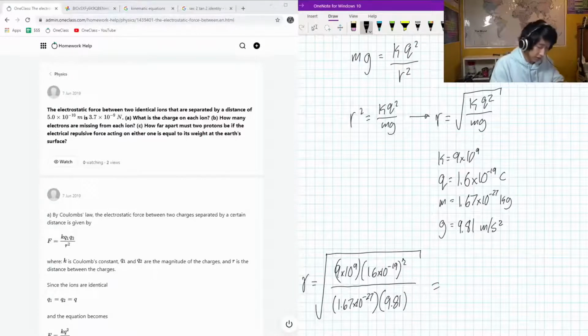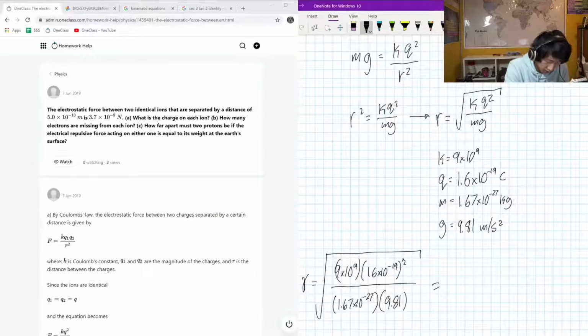Okay, so let's calculate this out, see what we get. On the upstairs, we got 9 times 10 to the power 9 times 1.6 times 10 to the power negative 19 squared, divided by 1.67 times 10 to the power of negative 27 times 9.81, and all of that under the root.